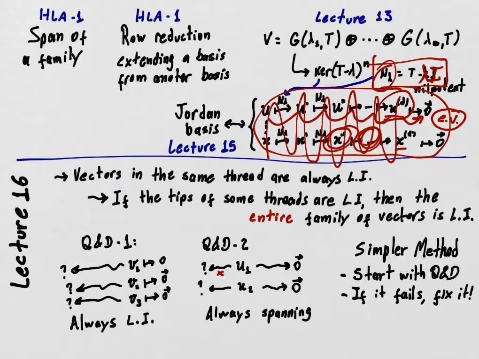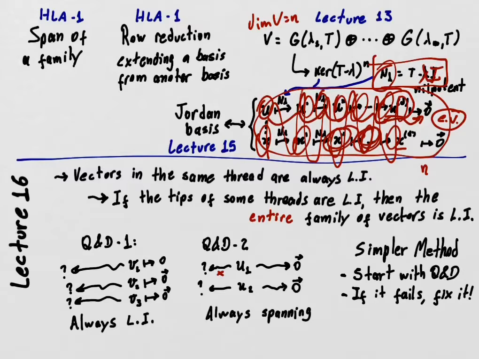So again, if in the end this collection of vectors is linearly independent and we have n of them, so it forms a basis for V, then this is a Jordan basis. And that's a very convenient way to think: do I have a Jordan basis or not?